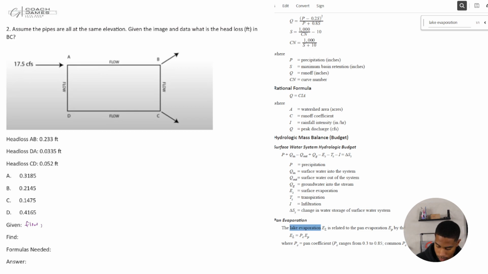And then we're also given the head loss in each of the different spans. So they tell us that the head loss from A to B is going to be 0.233, right? Okay, they give us the head loss from the span from D to A, right?